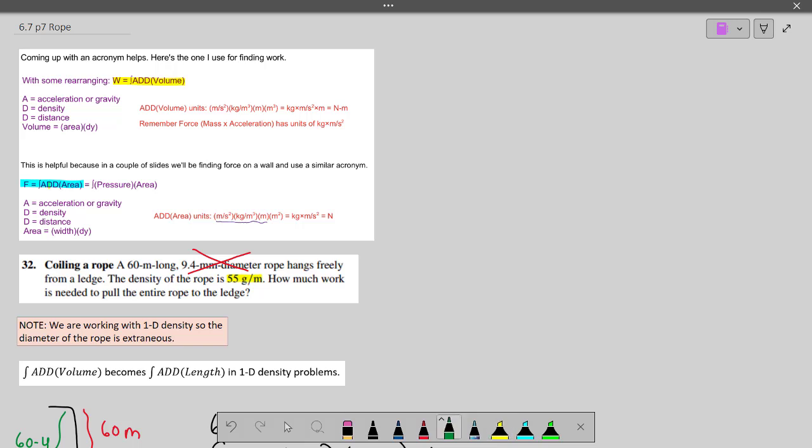so that acceleration, density, depth piece, the ADD part, that is going to have units of pressure, and then of course area and area match. So here are the units broken out where I took acceleration, I took density, I took depth, they're all there. And if you put all those units together, you end up with a kilogram times a meter divided by a second squared.